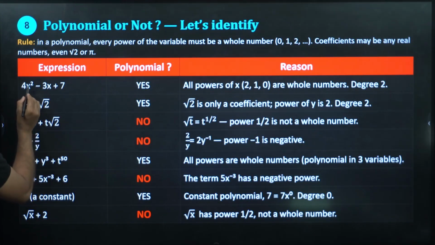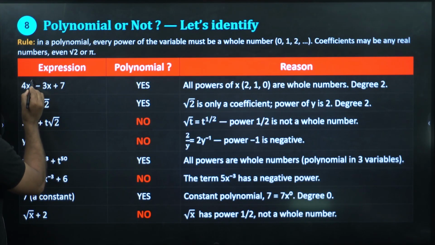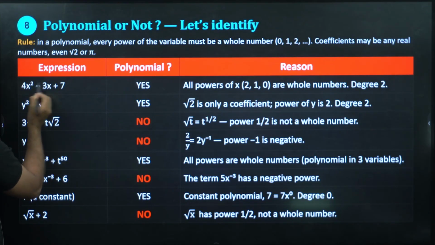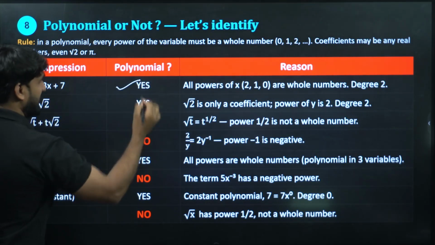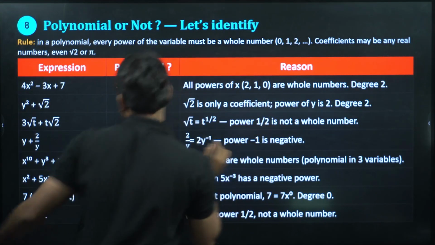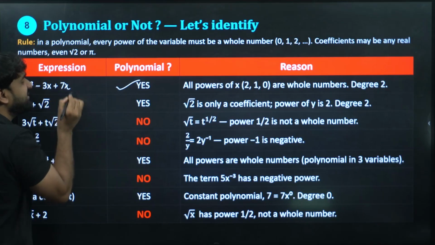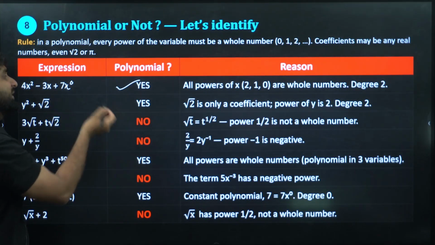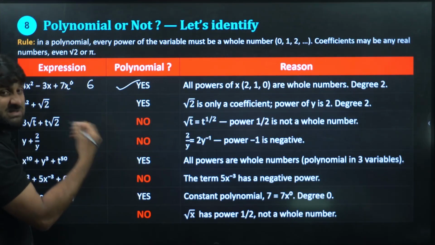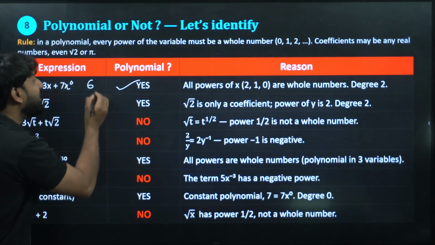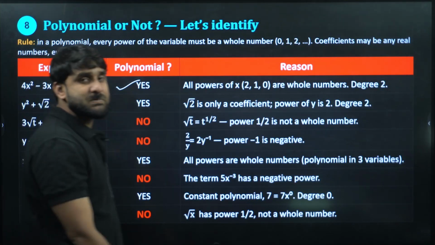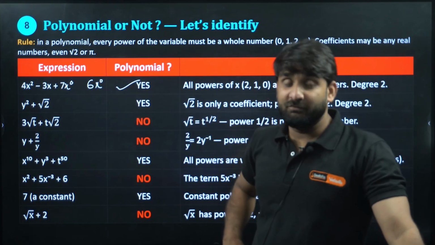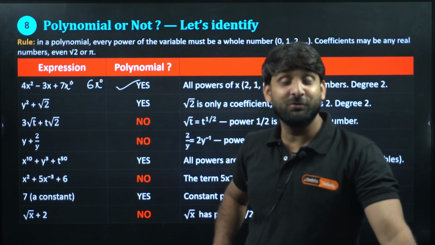So this is 4x square minus 3x plus 7. Here the powers are whole numbers, x to power 2, x to power 1. The exponent of x is obviously a whole number, so this is a polynomial. There is also x here, which is invisible, because x to power 0 is there. If a pure constant number is there and no variable is visible, you can imagine the variable might be there, but with power 0, because x to power 0 is equal to 1.